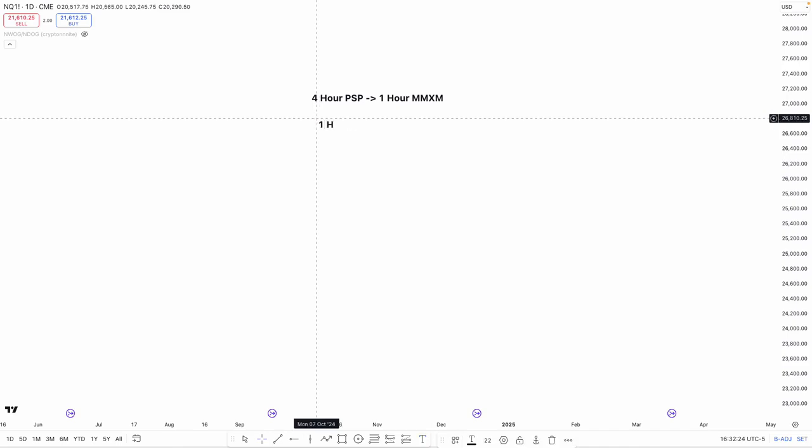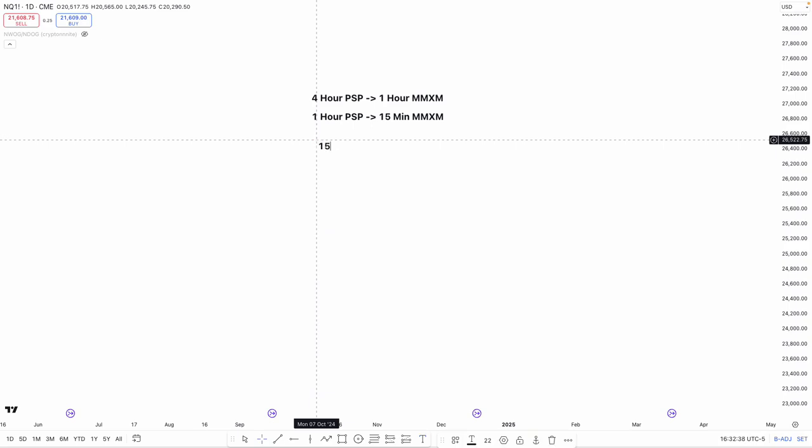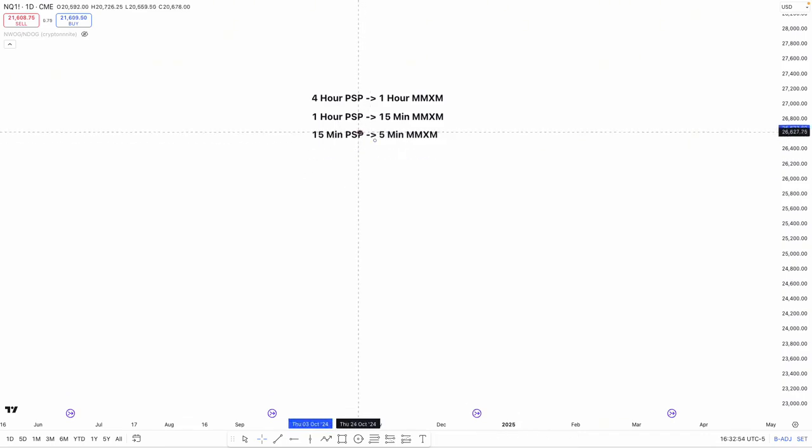A 1-hour precision swing point, we can look for a 15-minute market maker model. A 15-minute precision swing point, we can look for a 5-minute market maker model. Hope this is starting to make sense. And then we can keep going there.